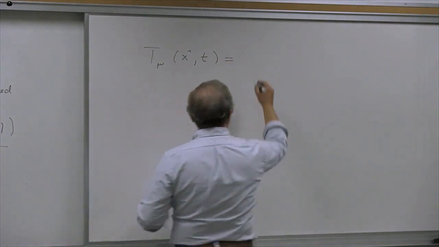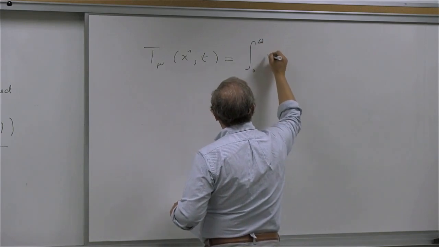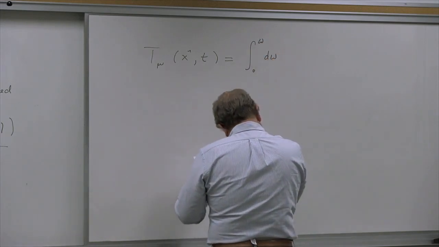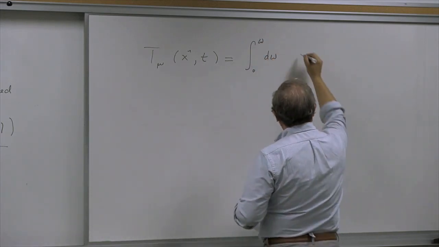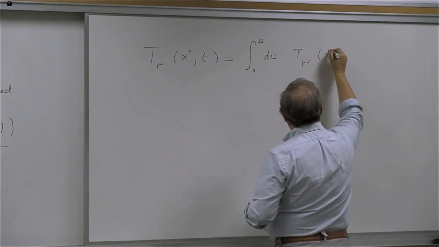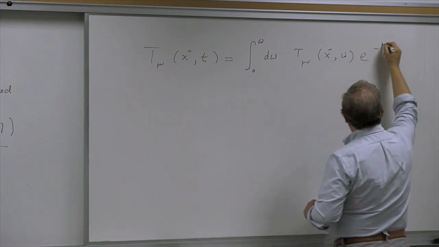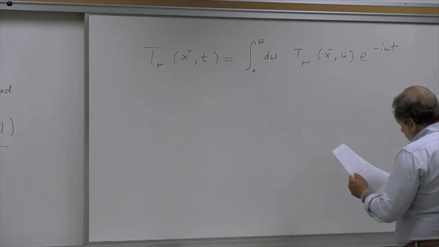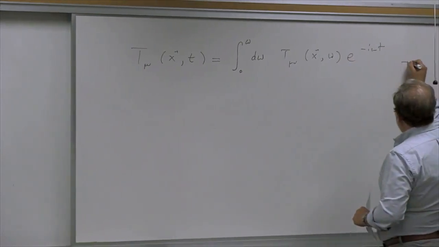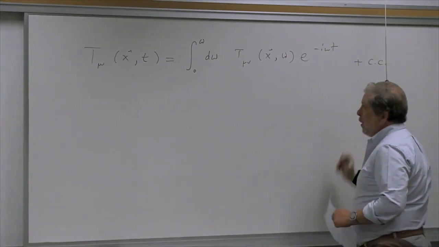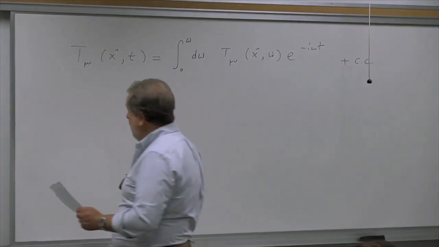We're going to write it as an integral over frequency, from 0 to ∞, in dω, of T_{μν}(x,ω) times e^{−iωt}, plus complex conjugate in order to make this whole expression real.